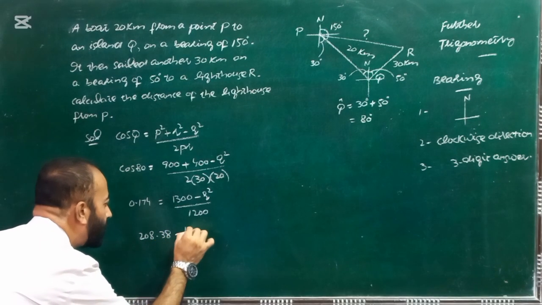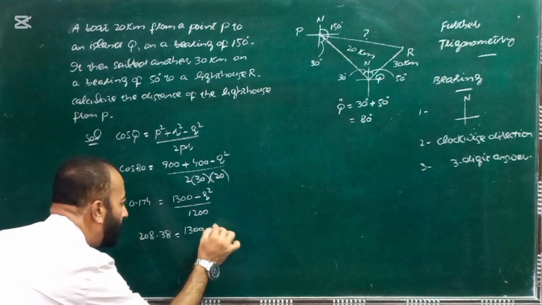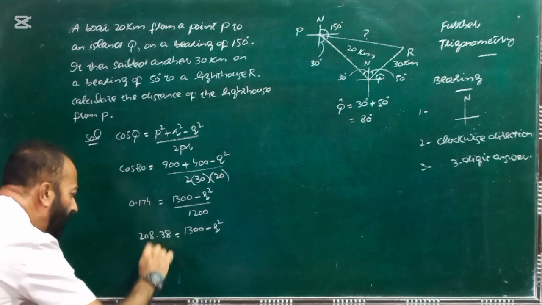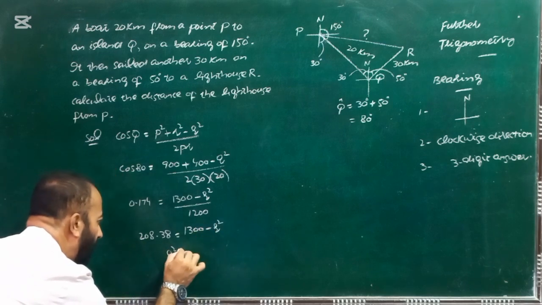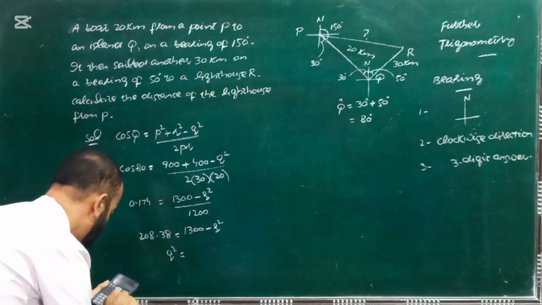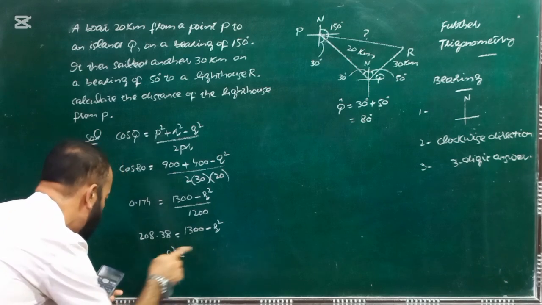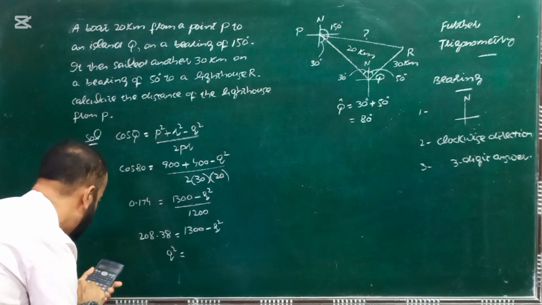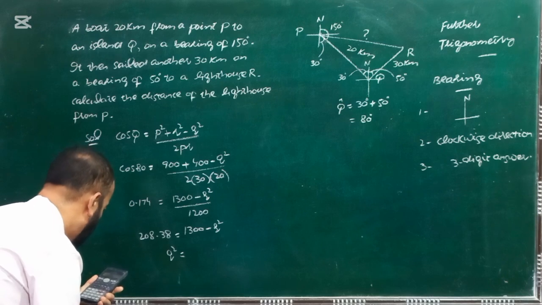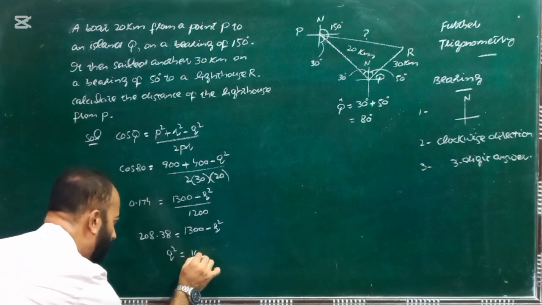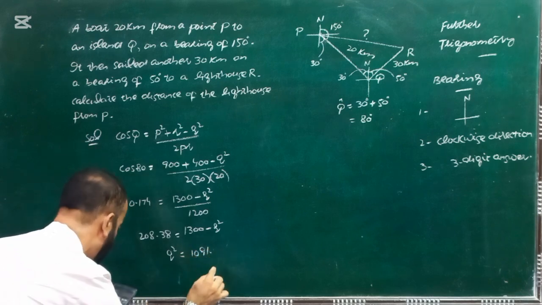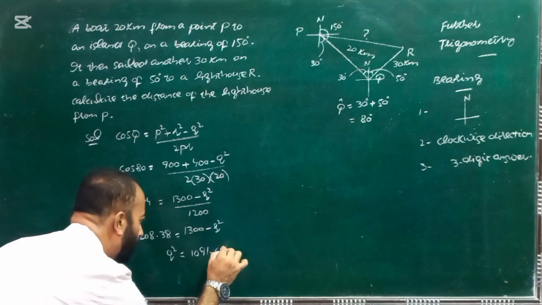On the right hand side is 1300 minus Q square. This Q square will come to the left hand side. So 1300 minus 208.38 is 1091.62.